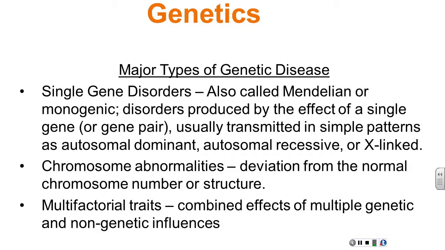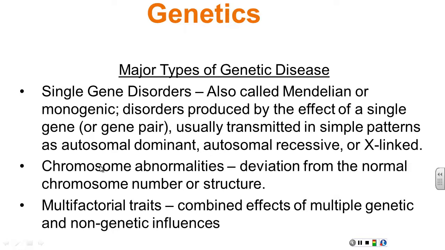But most of the time we're talking about single gene disorders, monogenic disorders, sometimes also called Mendelian because they follow Mendelian genetics. These are disorders produced by the effect of a single gene, or you can say a single gene pair. And they're usually transmitted in simple patterns. And we're going to look at those patterns: autosomal dominant, autosomal recessive, or X-linked. And you can actually look at pedigrees and be able to distinguish these unique patterns.